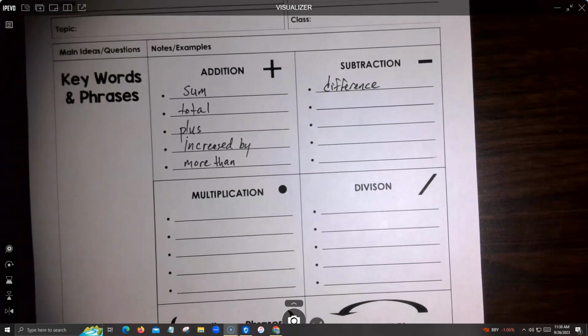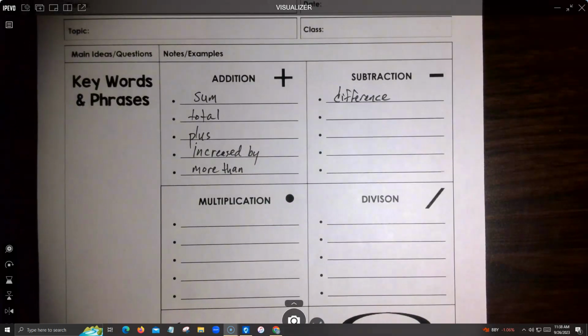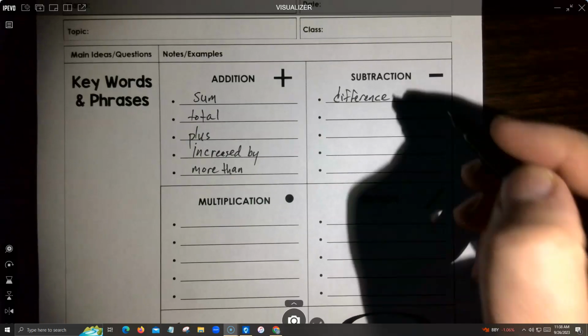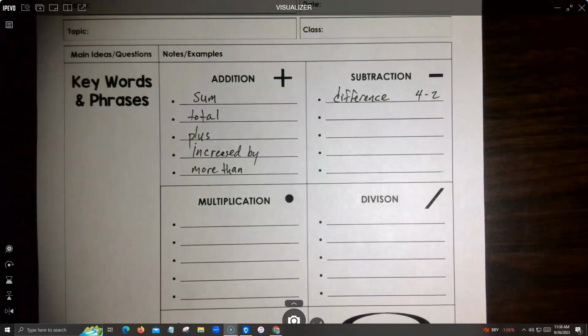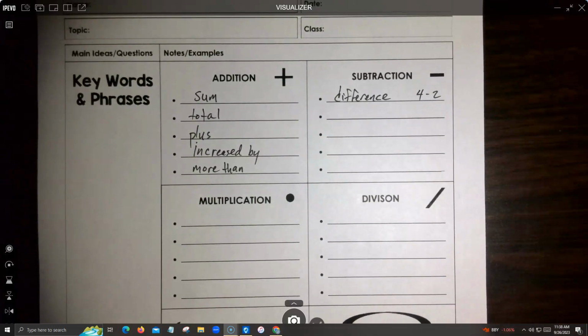So when you say the difference of, that means you have two numbers. If I said the difference of 4 and 2, notice I didn't say minus or subtract at any time. I just said the difference of 4 and 2, which means 4 minus 2.